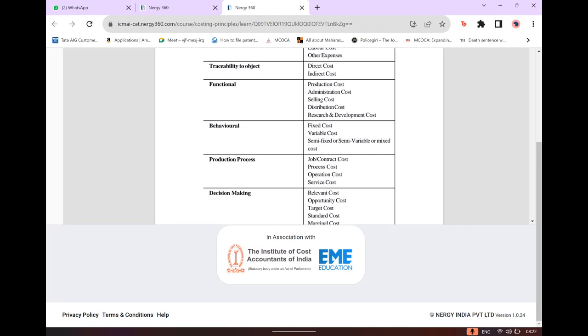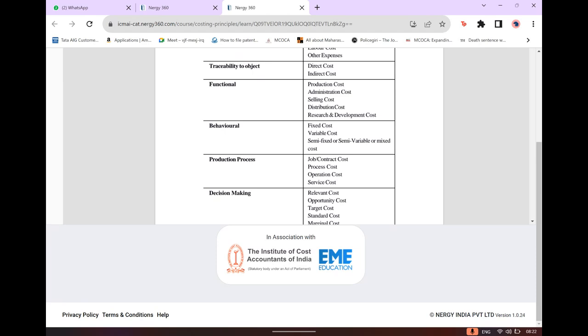And behavioral cost, you have fixed cost based on the behavior. For fixed cost, remember one mantra which I have given: fixed cost is fixed in totality, but per unit fixed cost will vary. You should remember this for anything. So fixed cost in total will be fixed or constant, whereas the per unit fixed cost will vary.